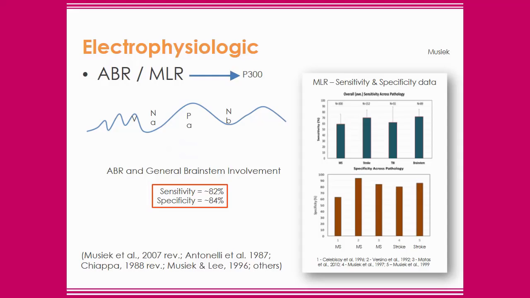They're always of interest, but they're not always essential to the diagnosis, the clinical diagnosis. But here, I'm sharing with you a slide that Frank Musiek compiled representing sensitivity and specificity data for MLR and ABR. And you see again that these are very impressive data. Sensitivity, specificity, and therefore overall efficiency.